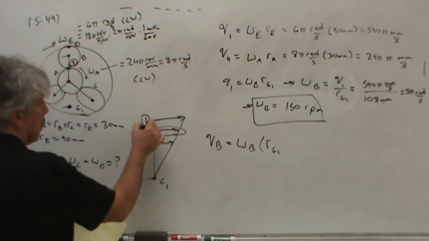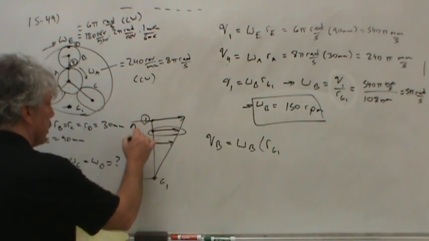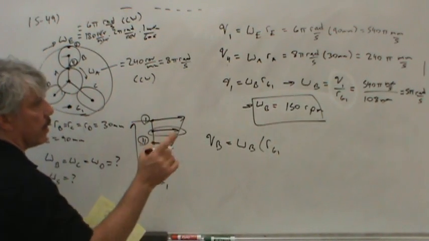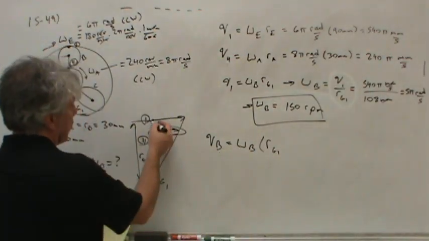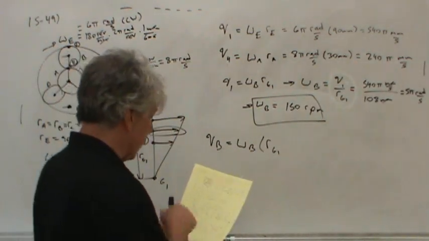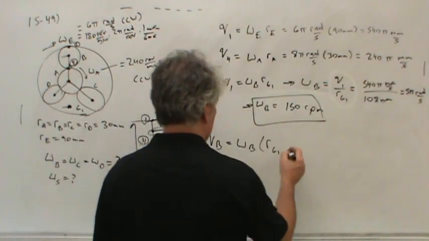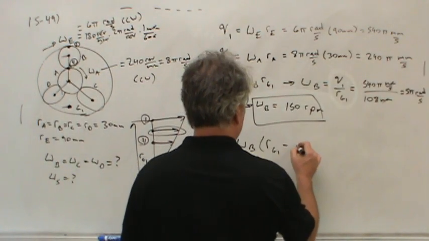So all I need is RG1, which is that distance, which I now know is 108 millimeter. And I need to subtract off the radius. Now in my solution, I subtracted off half of the radius. So let's again do the math at the board.